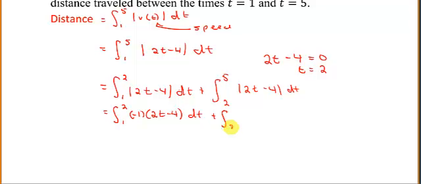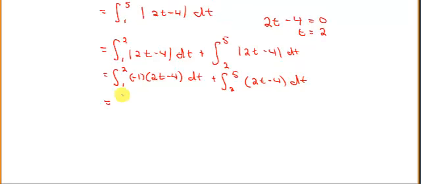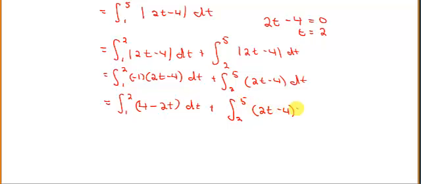So I'll integrate from 2 to 5 of 2t minus 4 with respect to time. The first one is going to be the integral from 1 to 2 of 4 minus 2t, multiplying by negative 1, plus the integral from 2 to 5 of 2t minus 4 dt.